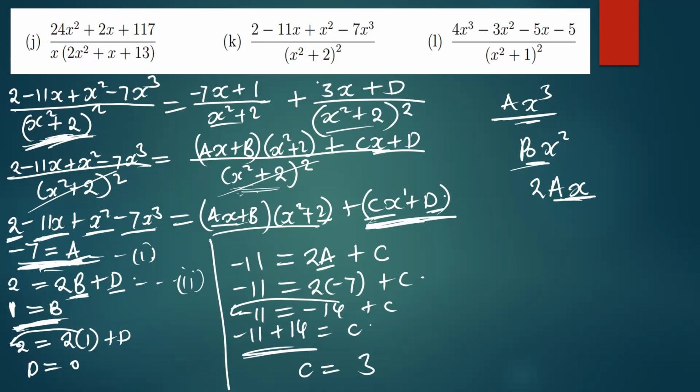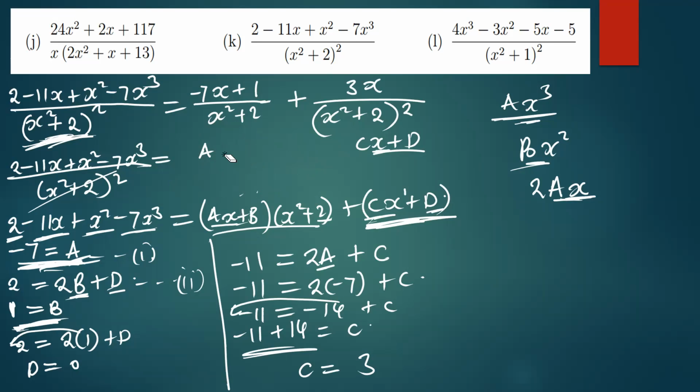Then while there's D, we're putting 0. So putting 0 there is just the same as deleting that. So let me put the 3x properly. Yeah, so these are the partial fractions for this rational function that we've been given.